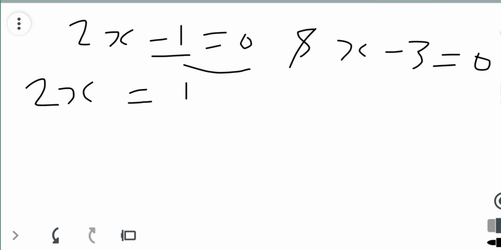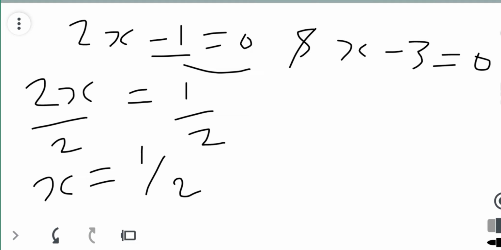Dividing both sides by 2, we have x equals 1 over 2. So x equals 1 over 2.